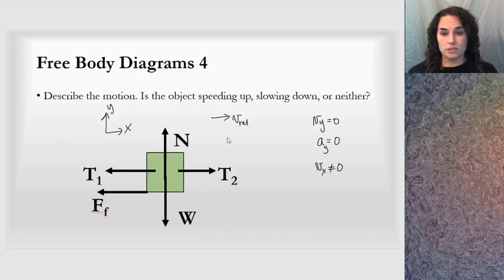So that suggests to me actually that there's an acceleration, that the object is slowing down because there are more forces in the direction opposing the motion as opposed to the forces with the motion. So I would say that Ax is not equal to 0, and I would have to solve for it with some equations to know what value it is.